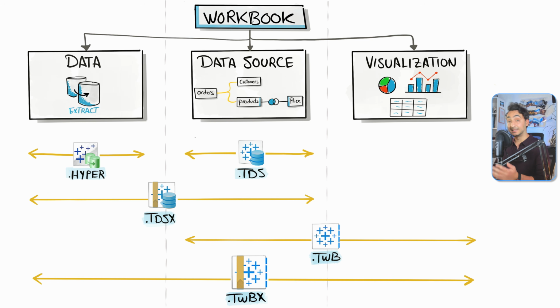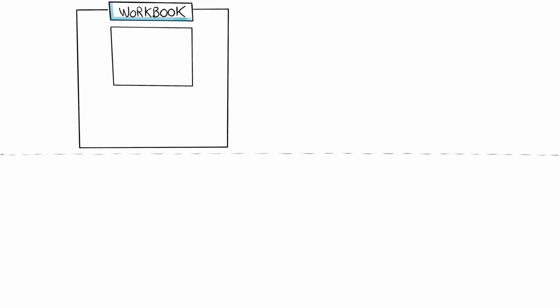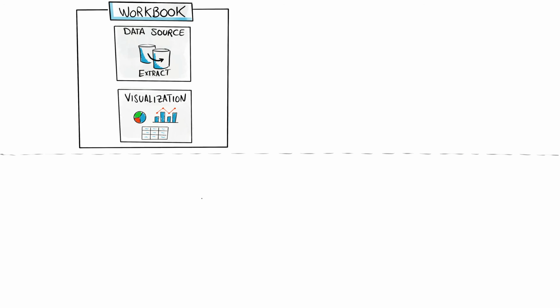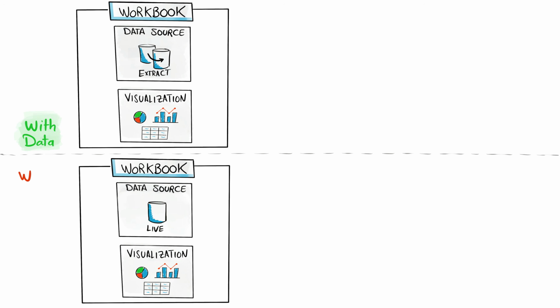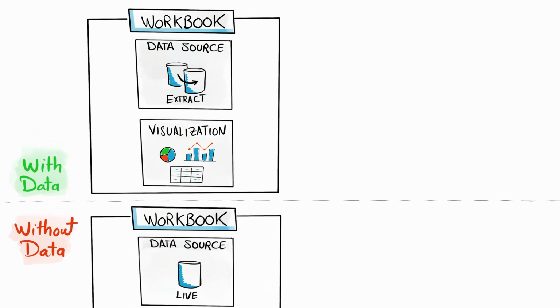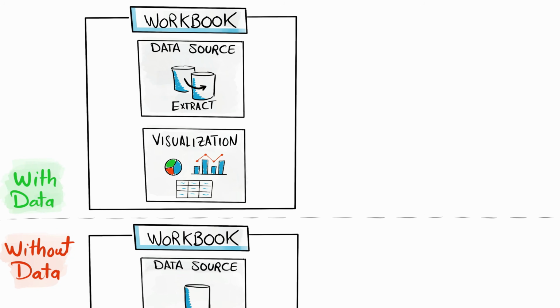Alright, so as you can see, Tableau designed different types of files for different purposes. So depending on the situation or scenario that you have, you can share your work with your colleagues. Alright, so now generally speaking, we have two different types of workbooks: a workbook with data using an extract connection, and another workbook without data using a live connection. On one hand, in the workbook with data, you can send three different types of files.